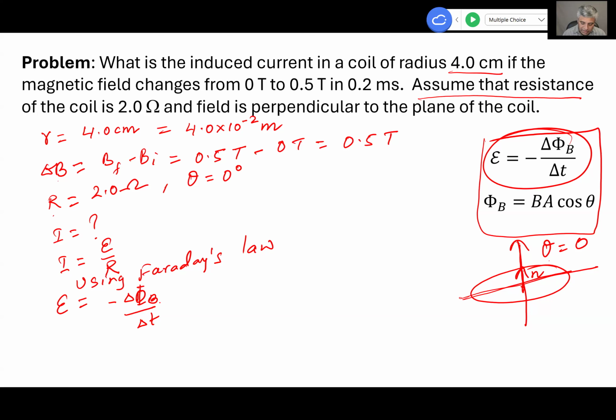This means change in magnetic flux. We can ignore the negative sign if we like. It's not asking us to find which way current is circulating.